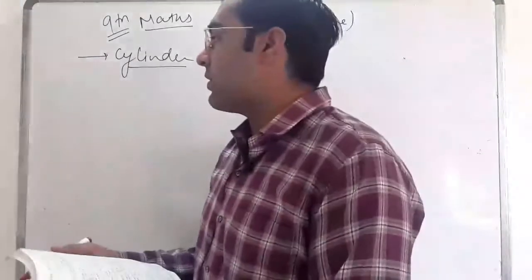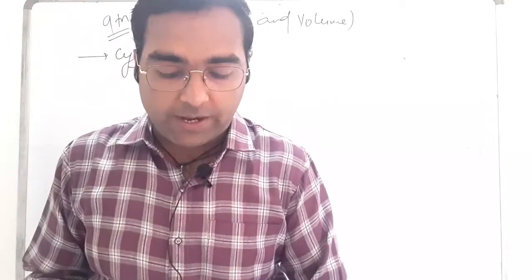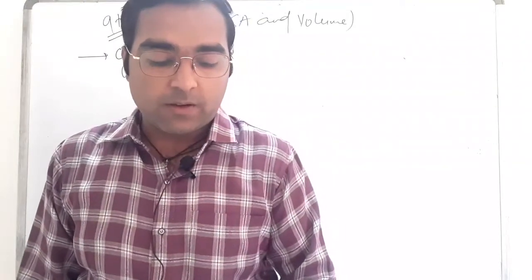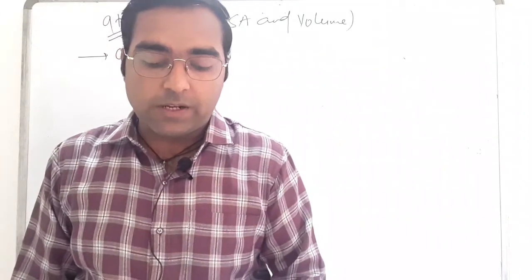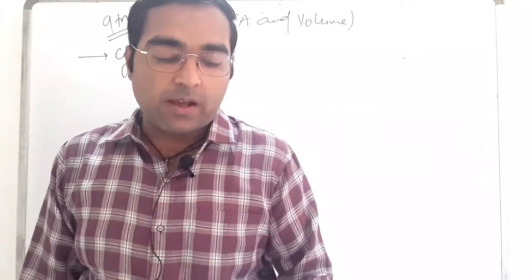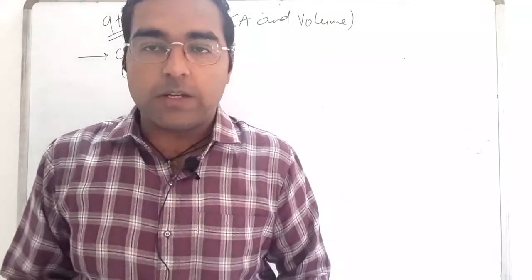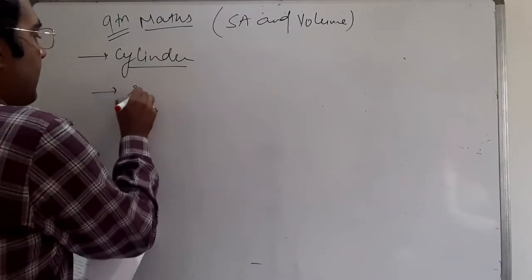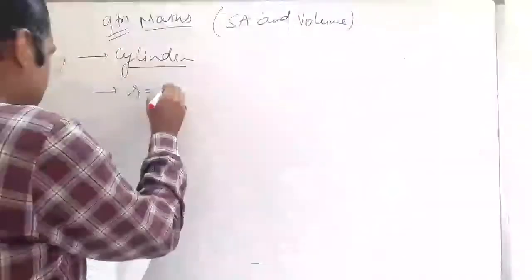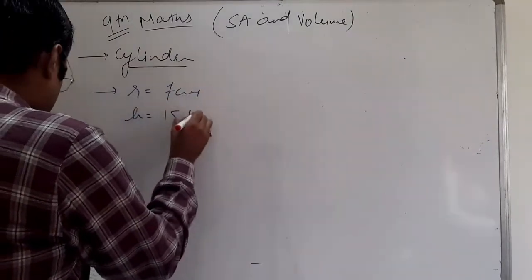So my first question is: find the volume of a right circular cylinder if the radius of the base and height are 7 cm and 15 cm respectively. So here radius and height are given, that is, radius is 7 cm and height is 15 cm.